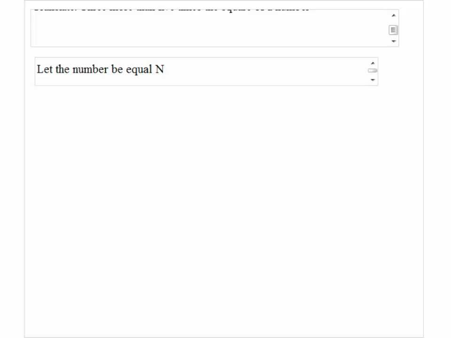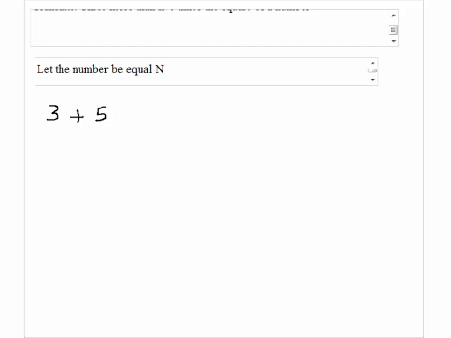So to translate this, we have 3 more than 5 times the square of the number. So 3 more than would be 3 plus 5 times the square of a number.